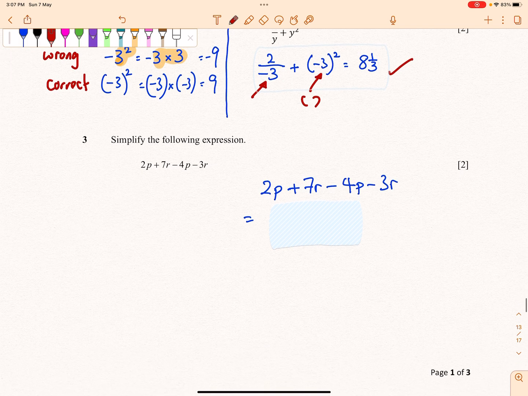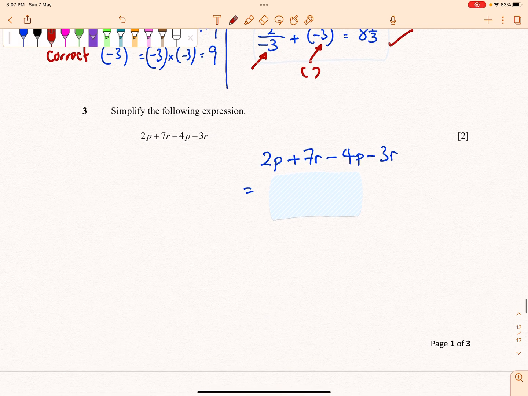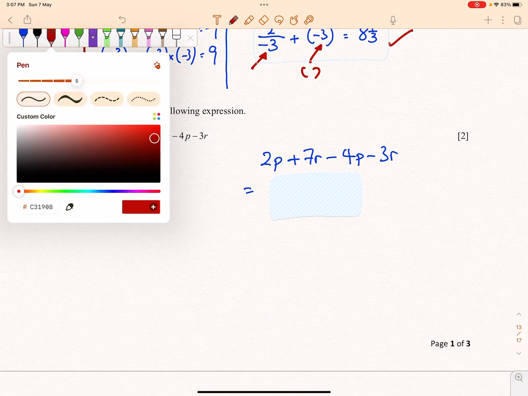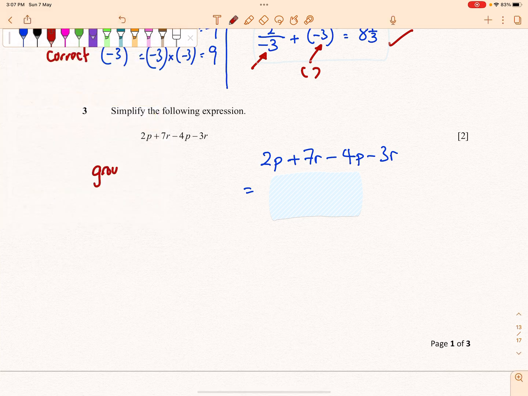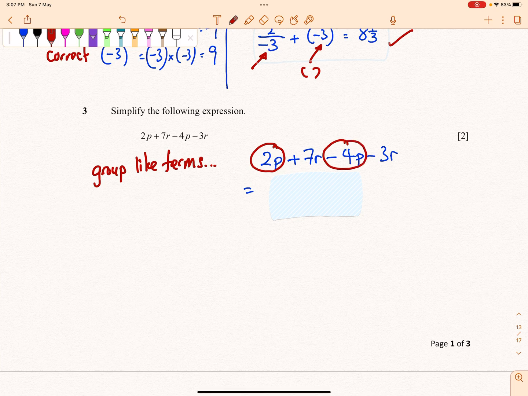Next, for question 3, if I copy down the question, the idea here is I want to group all the like terms together. How do I group like terms together? You can highlight or you can draw a circle around them. Remember, the sign in front of the number belongs to the term.